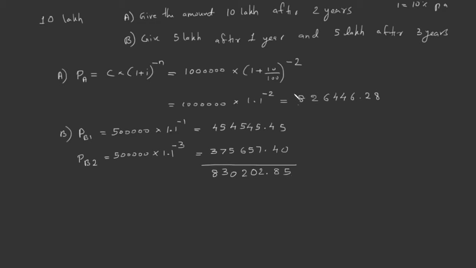Look at the present value of option A, that is 826,446.28, and the present value of option B is 830,202.85. So which one do I have to opt? I have to opt for the second one, that is option B, because the present value of option B is more than the present value of option A.